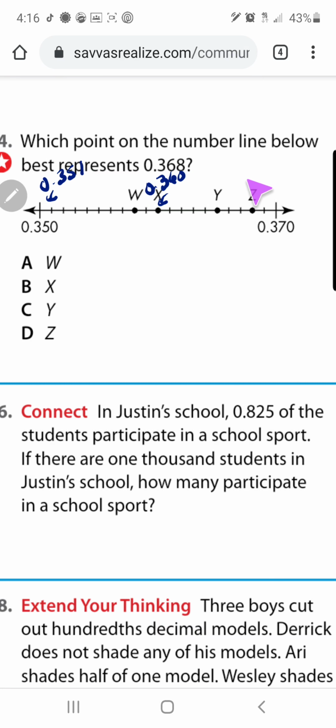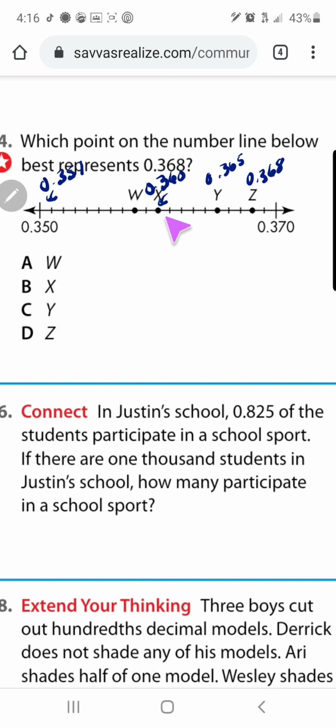And hopefully you'll understand that the next line would be 361 thousandths, 362, 363, 364. Y would be 365 thousandths. 366, 367 thousandths, 368 would be Z, 368 thousandths, 369, and so on and so forth.